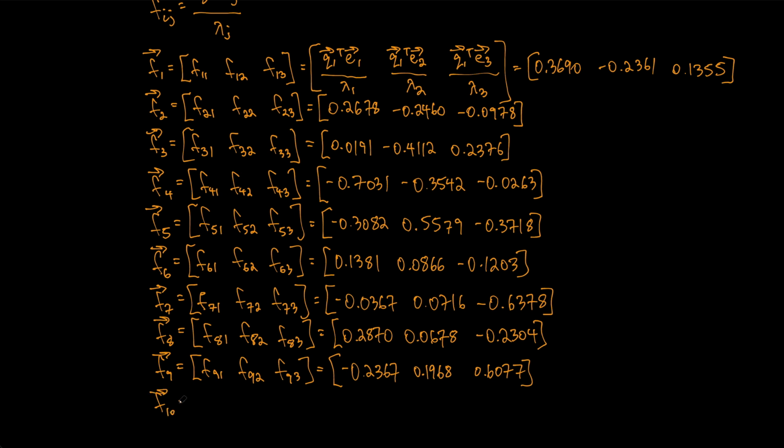And finally for F10, we have F101, F102, and F103, given by 0.2072, 0.4648, 0.3870.